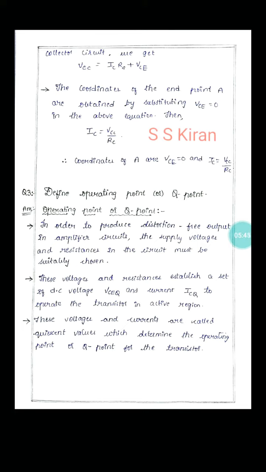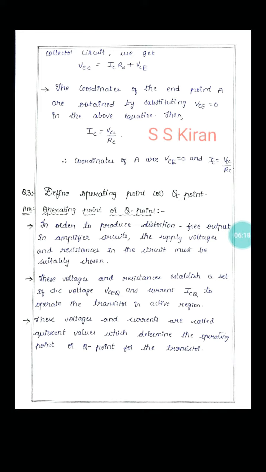Yes, now quickly, third one, define operating point or Q point. How can we define operating point? Again we can start with transistor works as an amplifier at active region. Again same method. In order to produce distortion free output in amplifier circuits, the supply voltages and resistance, these two parameters are very important in the circuit, must be suitably chosen.